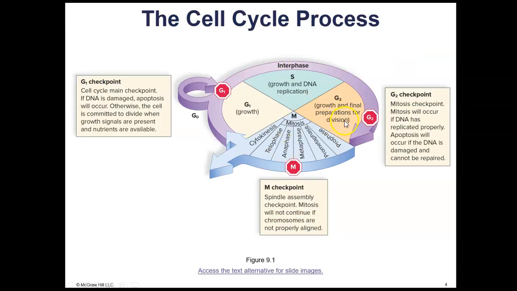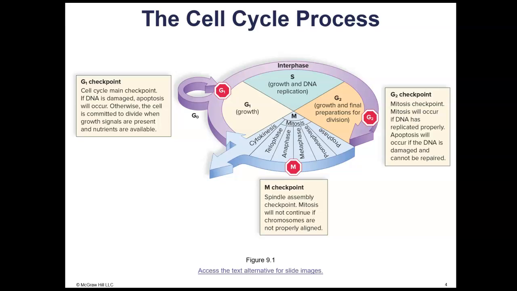And this is a pie graph showing you the stages of the cell cycle. It also shows these little stop sign symbols, which are the checkpoints, places during the cell cycle that are basically for determining whether the cell will go on to the next phase, because sometimes there's a problem and the cell really shouldn't divide.